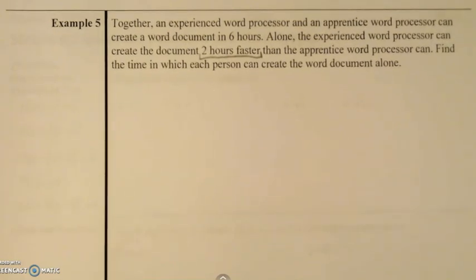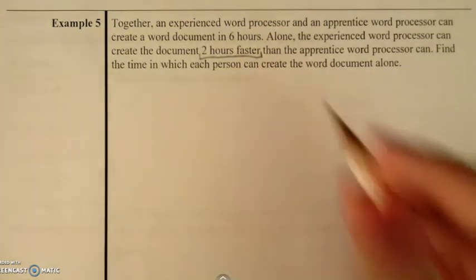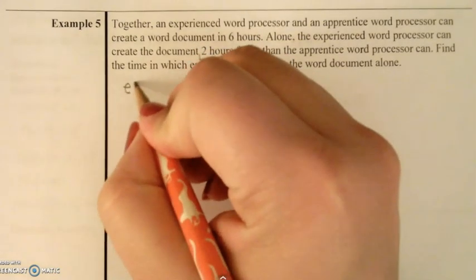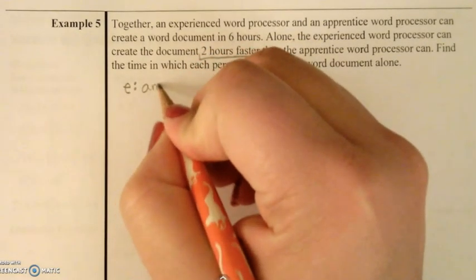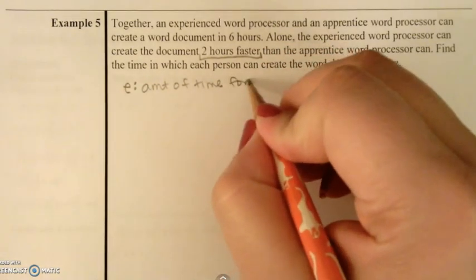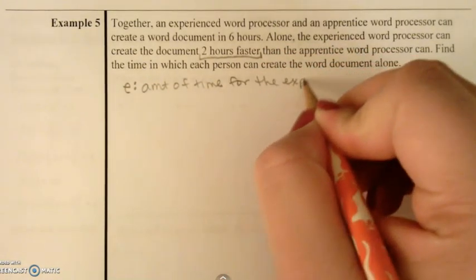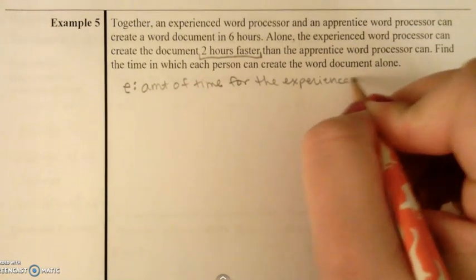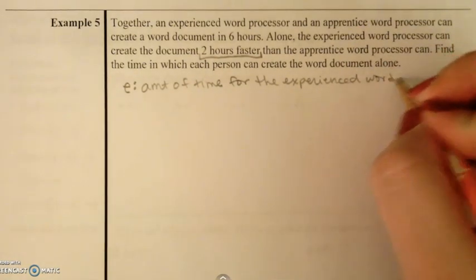So our first step for a word problem, once we understand what's happening, is to define our variables. I like to use variables that can represent the people in my word problem so that it's easier for me to tell who's who. So I'm going to say E is the amount of time for the experienced word processor.